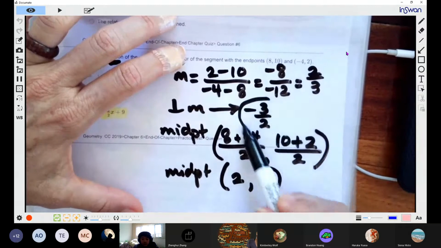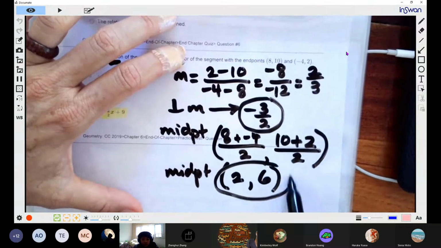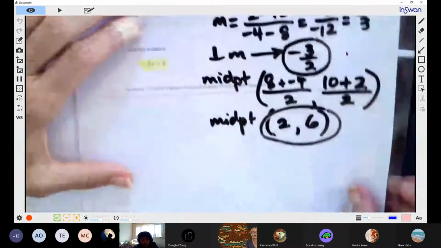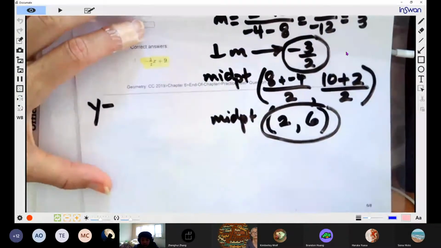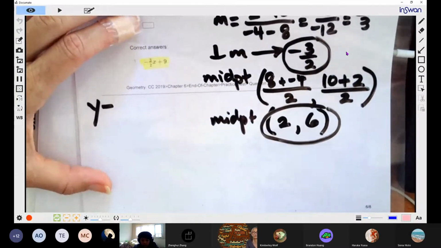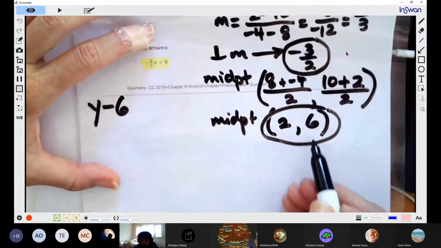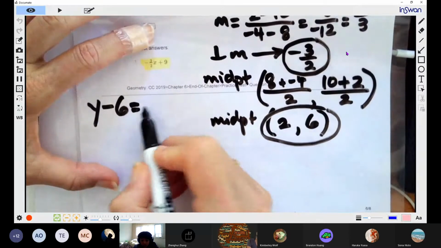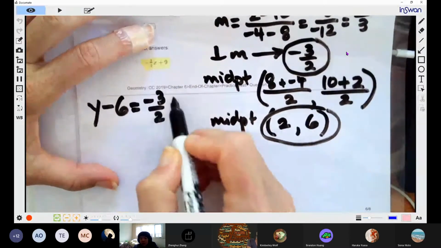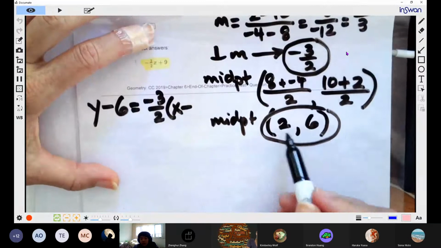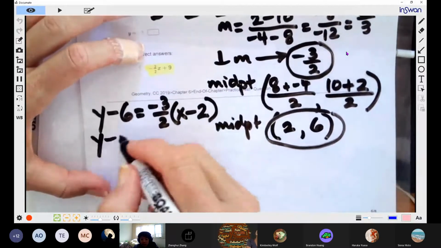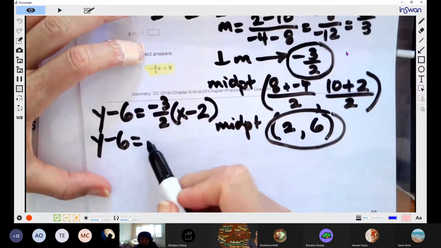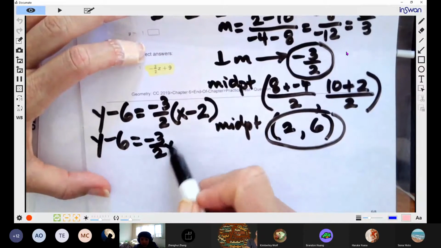Okay, so now we have a slope, we have a midpoint, and now we write our equation, which again, I like the point slope formula. So I do y minus 6, because that's 6, equals my slope, x minus 2. And then I write it all out here. So y minus 6 equals, this is going to be negative 3 over 2x.